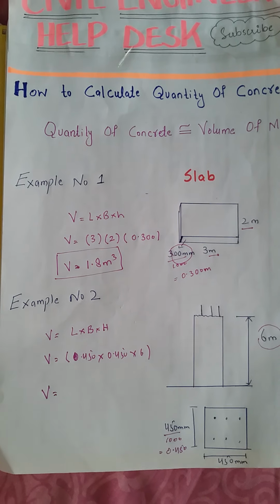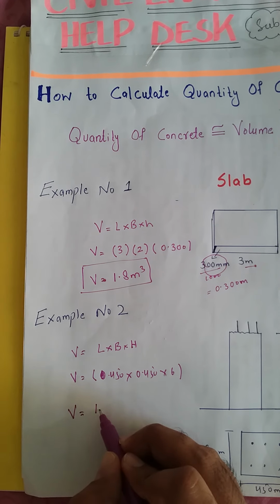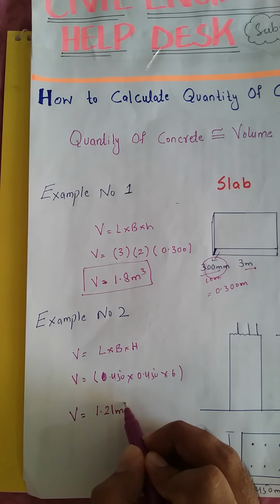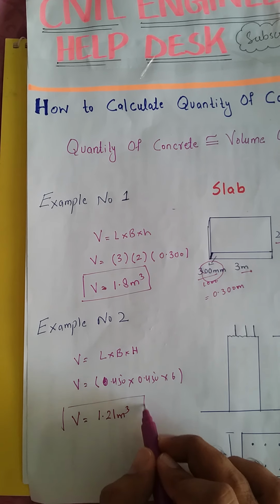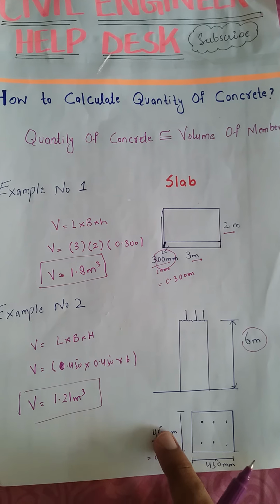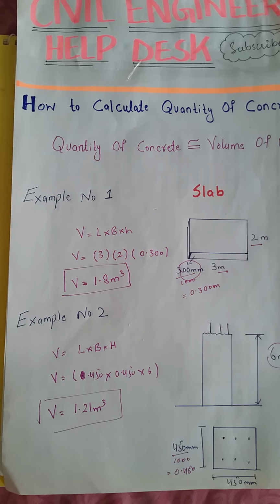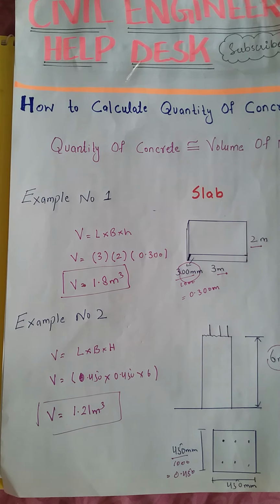Multiplying these three values, we get 1.21 cubic meter. Viewers, it means for this column having height 6 meter and length and breadth 0.450, we need 1.21 cubic meter of concrete to pour it. Now move towards the third example, which is very important to know.